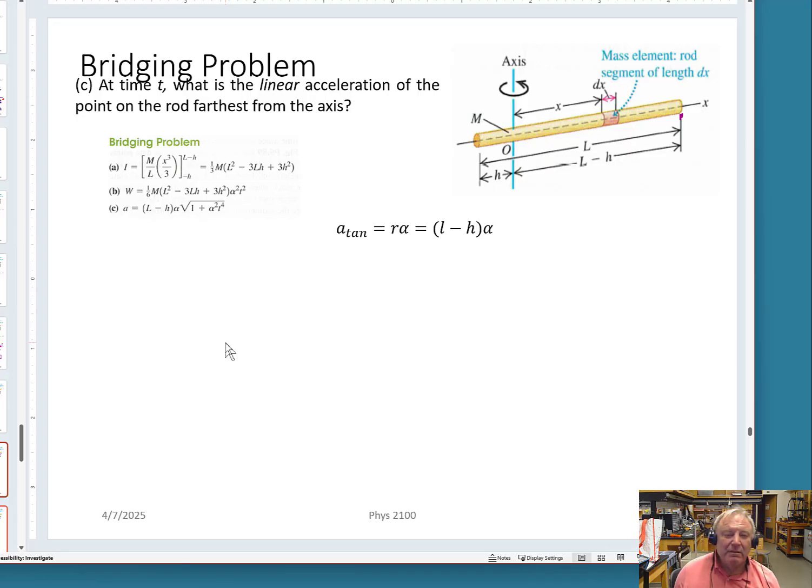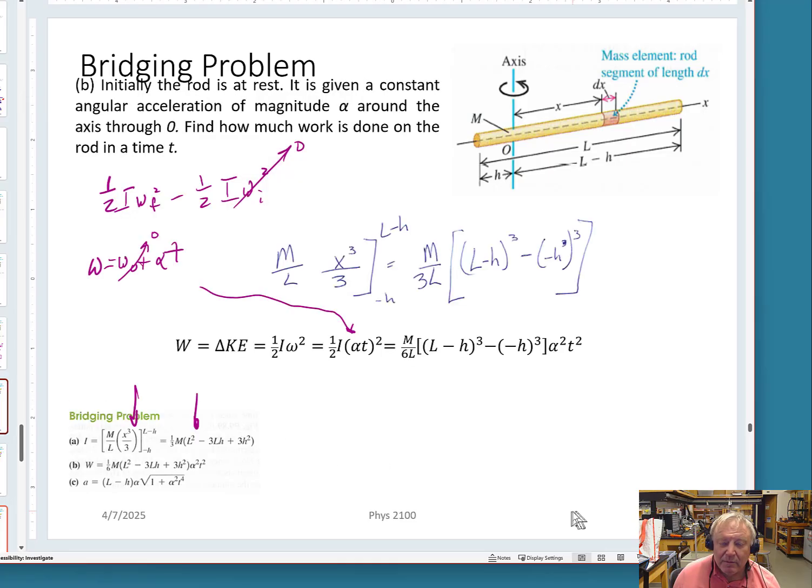Yeah, I'm missing something there. Why? Given a constant torque round the axle, find how much work is done on the rod. Okay. Yeah, alpha squared t squared, because omega is alpha t squared. Okay.